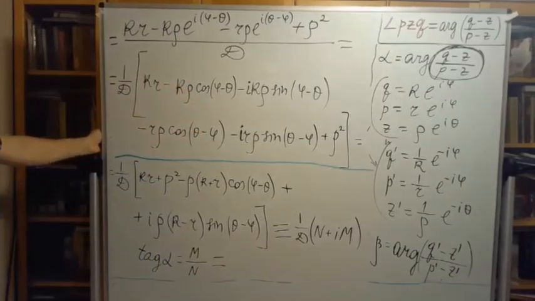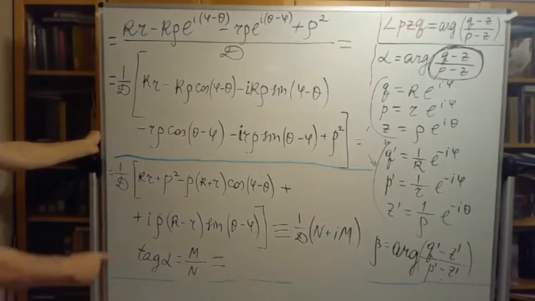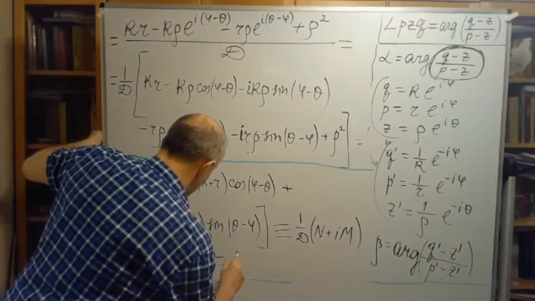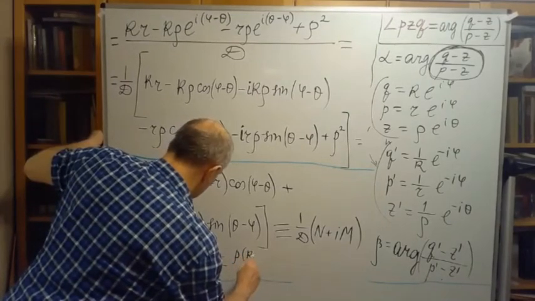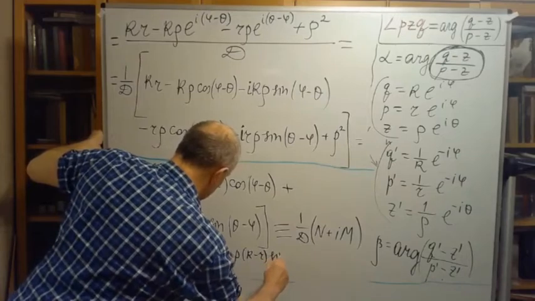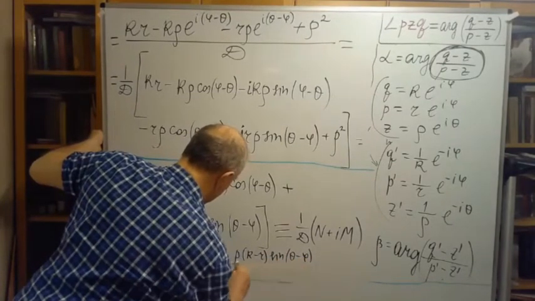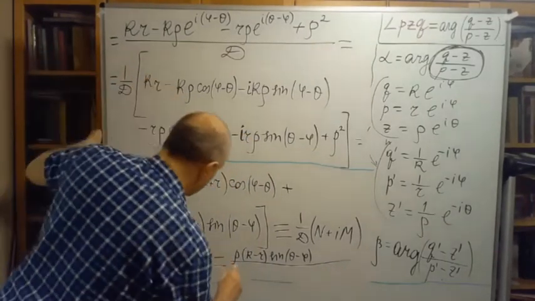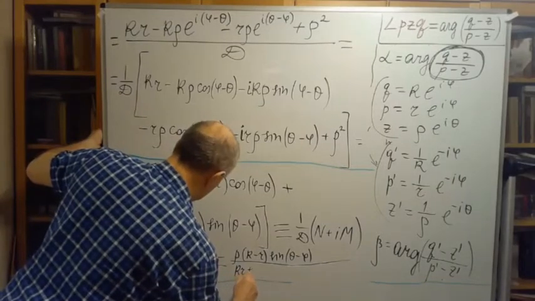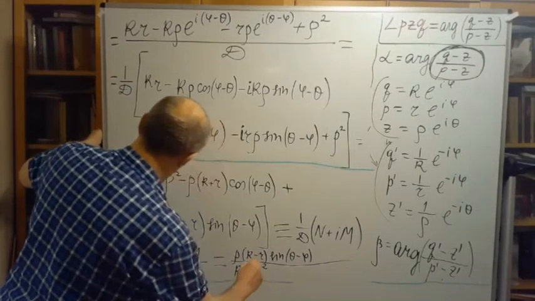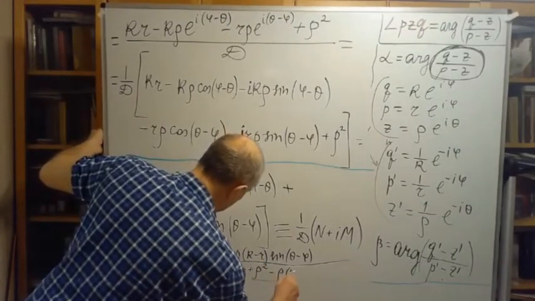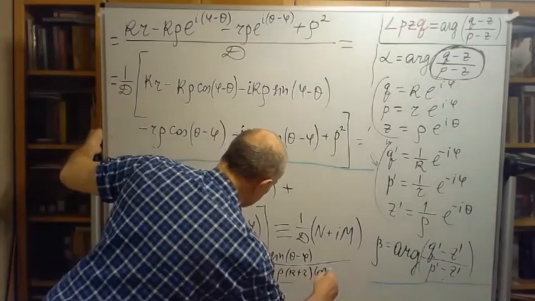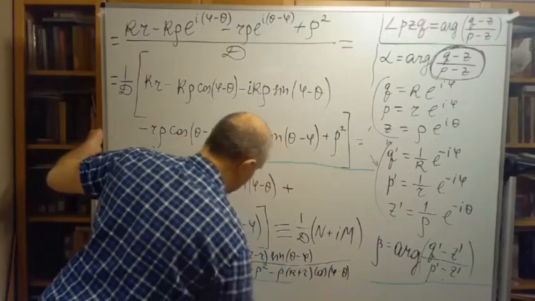So it will be in this case, this is imaginary part, rho r capital minus r small sine theta minus phi divided by this whole thing, real part, r plus rho squared minus rho r plus r cosine phi minus theta.